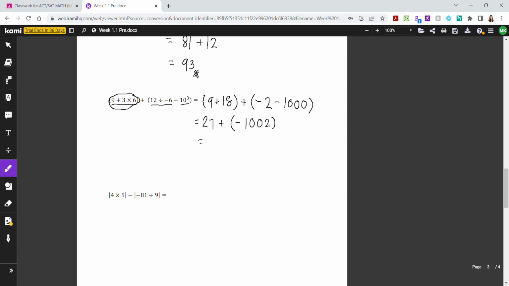Because we're now adding and subtracting, we would take the sign of the biggest number. Ignoring the sign, our biggest number is 1002. So that means our sign is going to be negative 975. And that will be the answer.